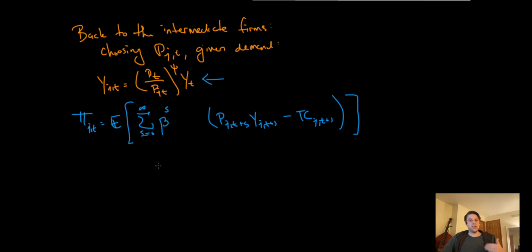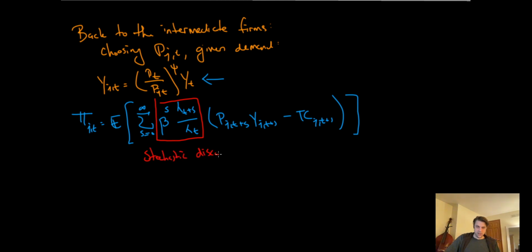And in states where consumption is more valuable, they want more profit out of the firm. And the way that we measure the value of consumption in a state is with the Lagrange multiplier, the shadow price. So this is why we're going to have this lambda t+s divided by lambda t appear here. Taken all together, you should know that this beta to the s lambda t+s divided by lambda t has a name, and it's called the stochastic discount factor.